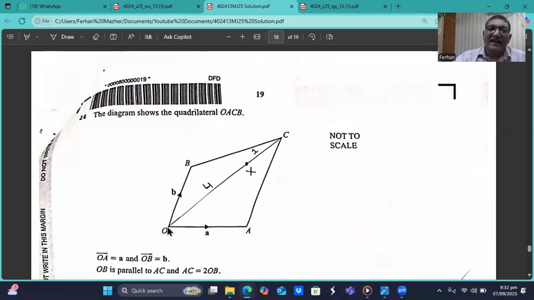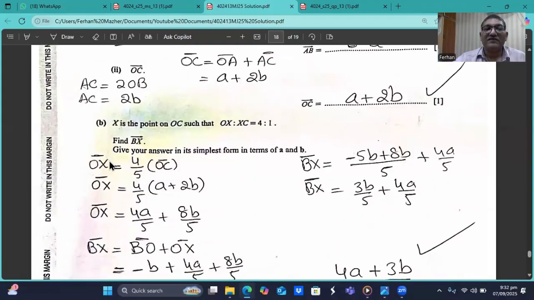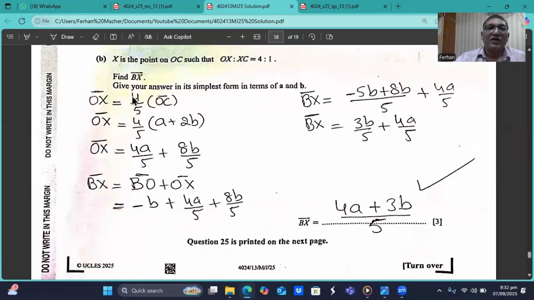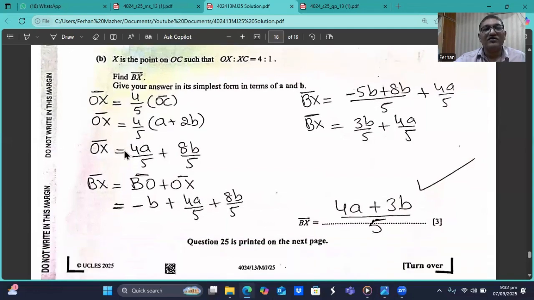OX will be 4 by 5 of OC. I know the value of OC. OX will be 4 by 5 of OC, and the OC value we just found is a plus 2b. So OX will be equal to 4a by 5 plus 8b by 5.